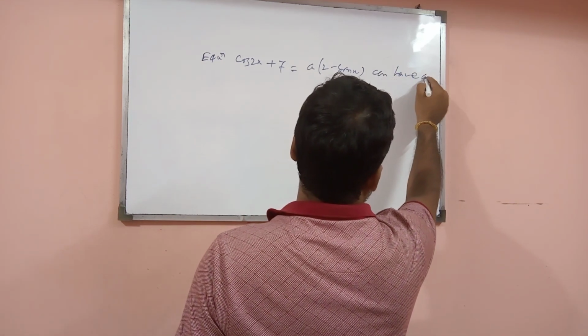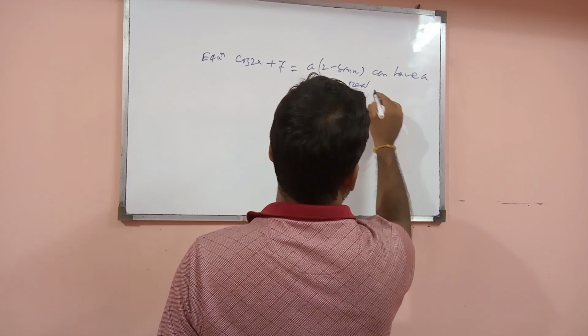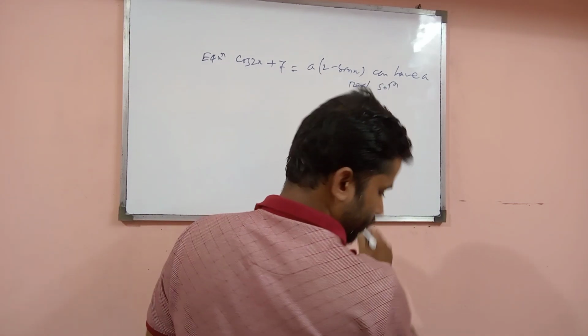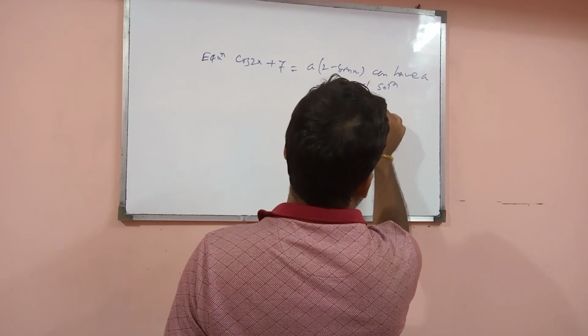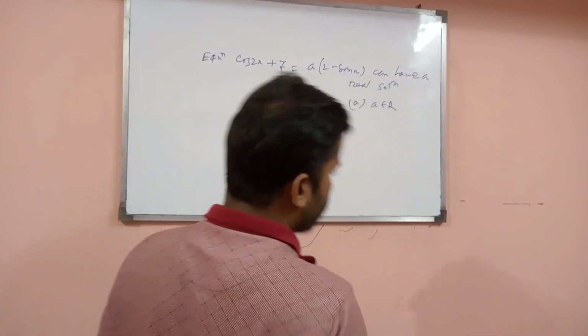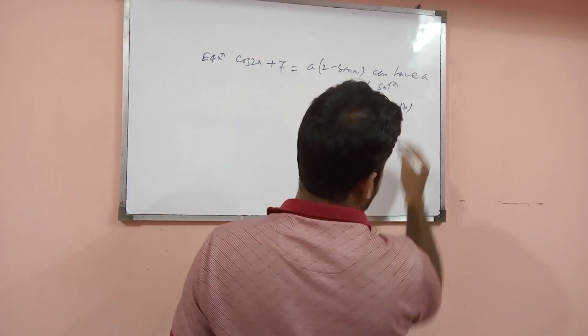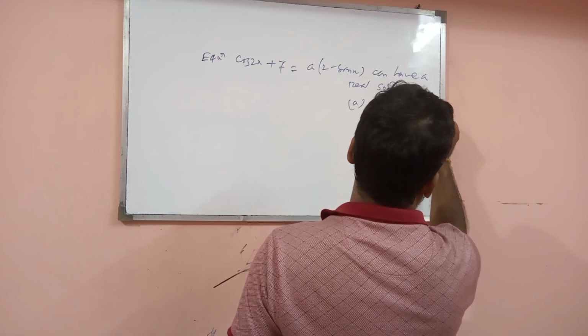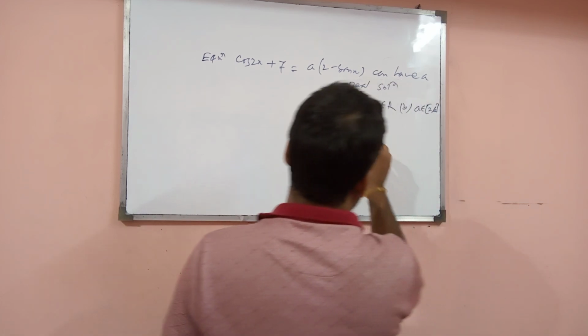Option A, a belongs to R. Option B, a belongs to 2 to 6 in the closed interval.